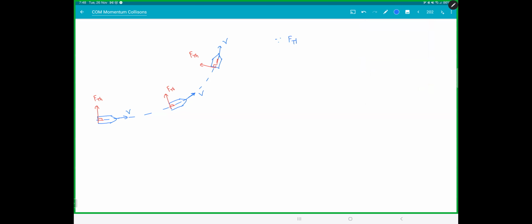Since F thrust is perpendicular to velocity, we have seen this in circular motion. If the force is perpendicular to velocity, what happens? Speed remains constant.